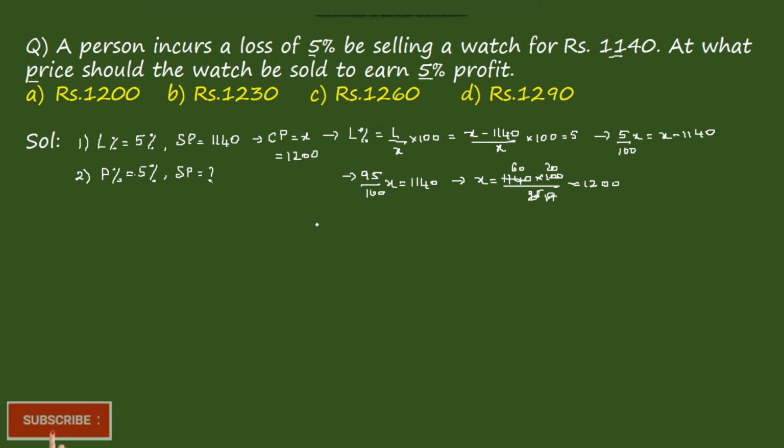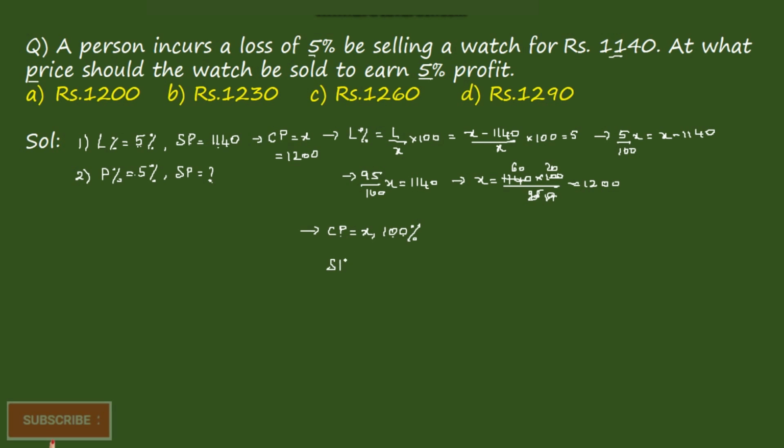But this is the long method. One of the simple methods to solve is, as we know, when the cost price is equal to X, which is 100%, if you consider 100%, we are getting 5% loss. What will be the selling price? 100% minus 5% of cost price is the selling price.